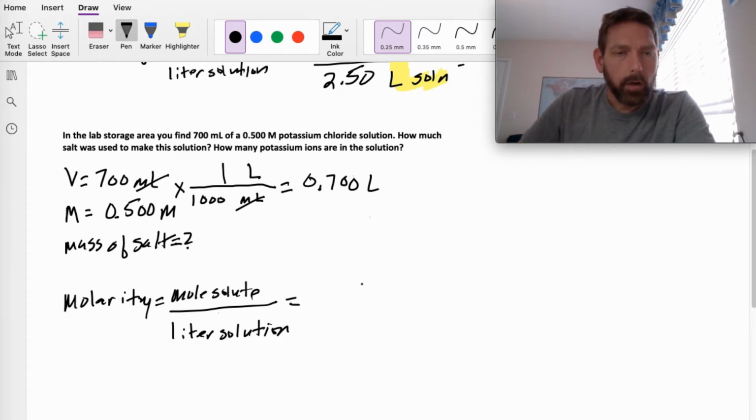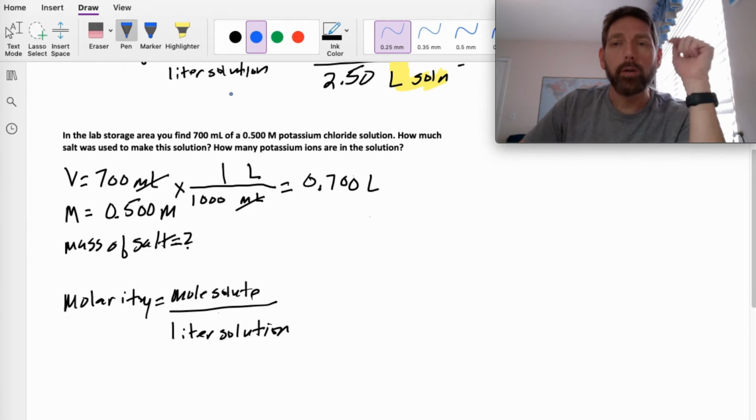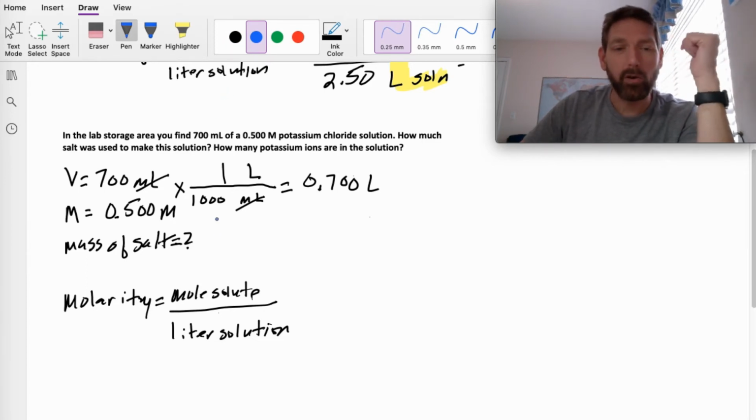So we're trying to solve for mass of salt, which is going to be somewhere in this. So molarity, check, we got that. Liters, check, we got that. This equation right now is currently set up to solve for molarity. We need it to solve for moles.